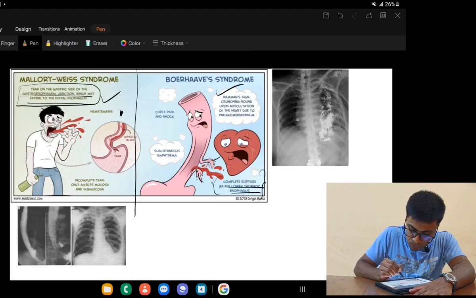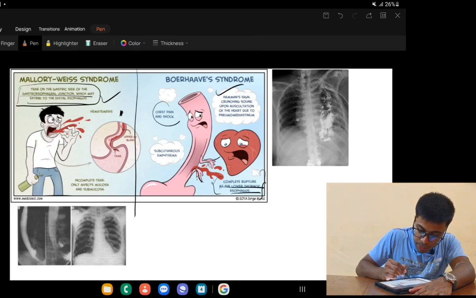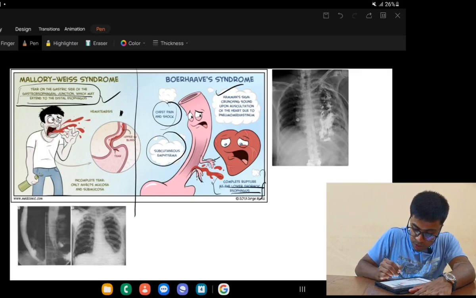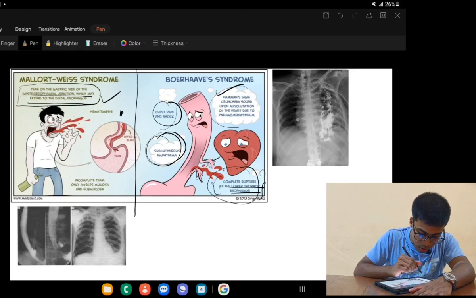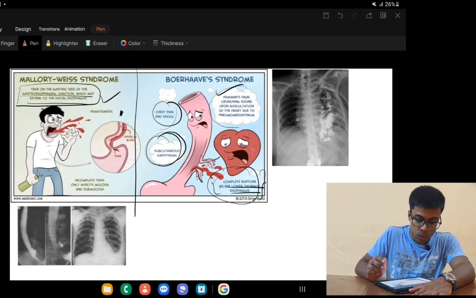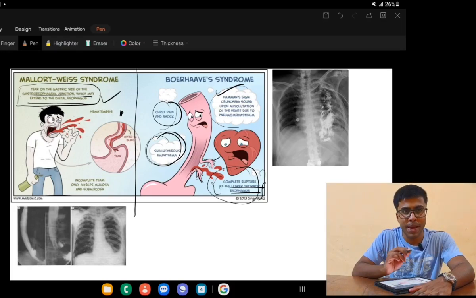Boerhaave syndrome has Mackler's triad, which includes chest pain, shock, and subcutaneous emphysema, Hammond's sign, with complete rupture. Before knowing Mackler's triad, you should know these two conditions.